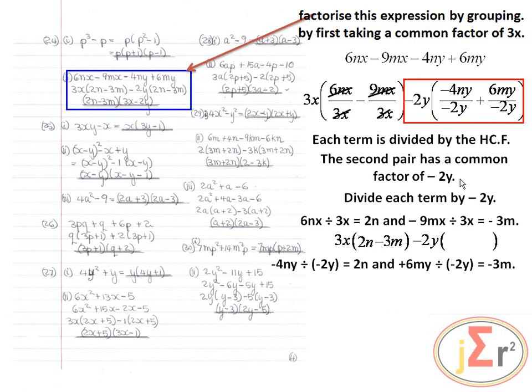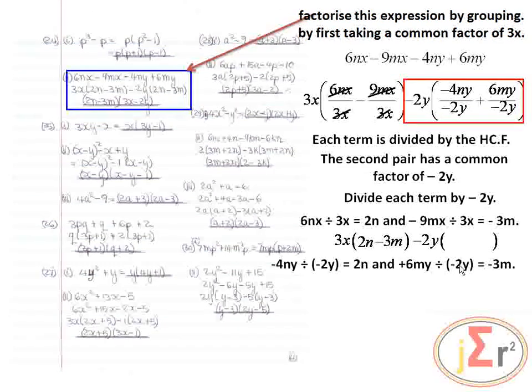So we have 2ny divided by 2y. Of course, we have negative divided by negative. Negative 4ny divided by negative 2y. Y's are gone, and we have a positive 2n. Here we have 6my to be divided by a negative 2y. So we'll have a negative 3m. The y's will cancel. 2 into 6 is 3.